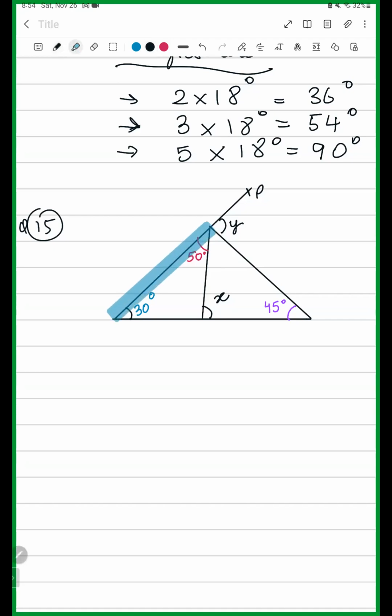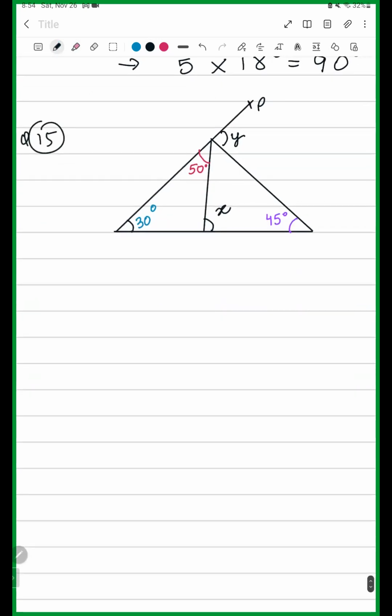Look at this triangle, okay? Is x an exterior angle? Yeah. What will it be? How will you find it? 30 plus 50. Very good. X is equal to 30 degrees plus 50 degrees.